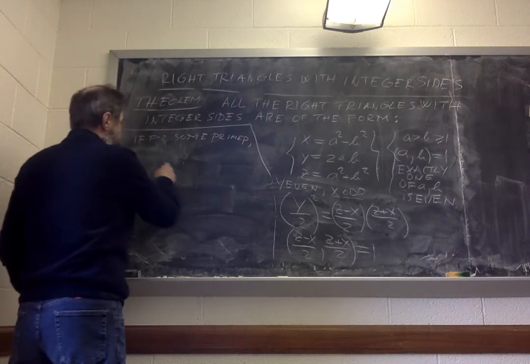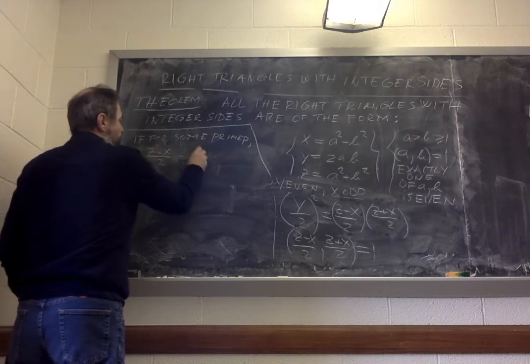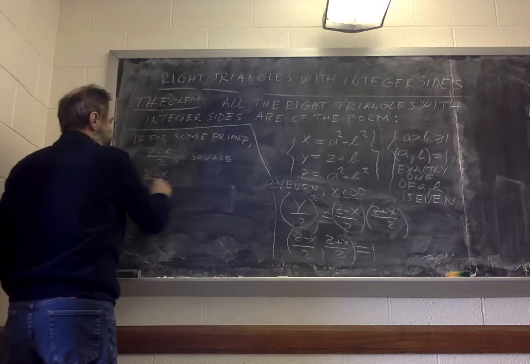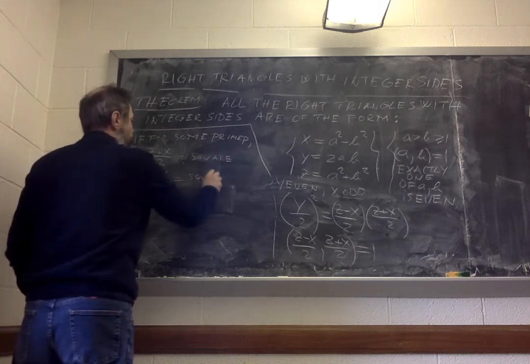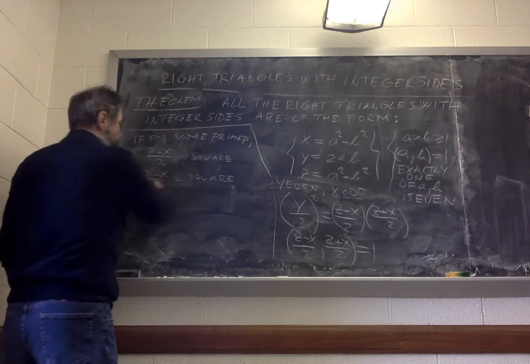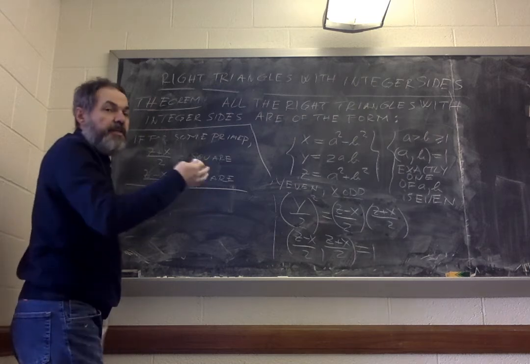So now I know that z plus x over 2 is some square. z minus x over 2 is a square. So let's denote this somehow. The square of some number, let's call that little a.